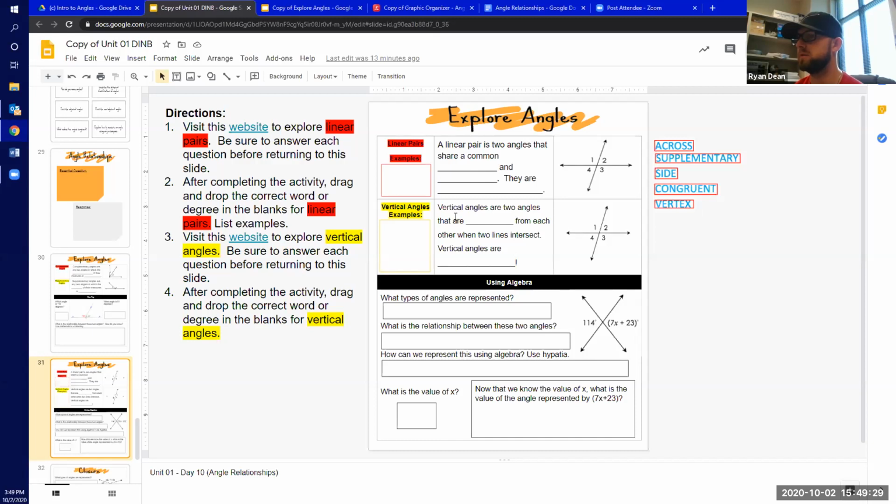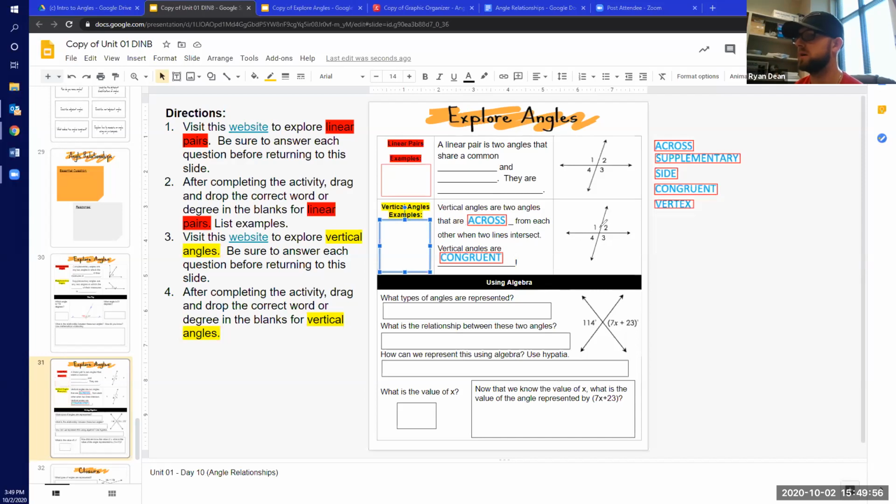So last time we discussed that vertical angles are two angles that are across from each other when two lines intersect, and vertical angles are congruent. So in our box here, in this example, again, we discussed this in the previous video.